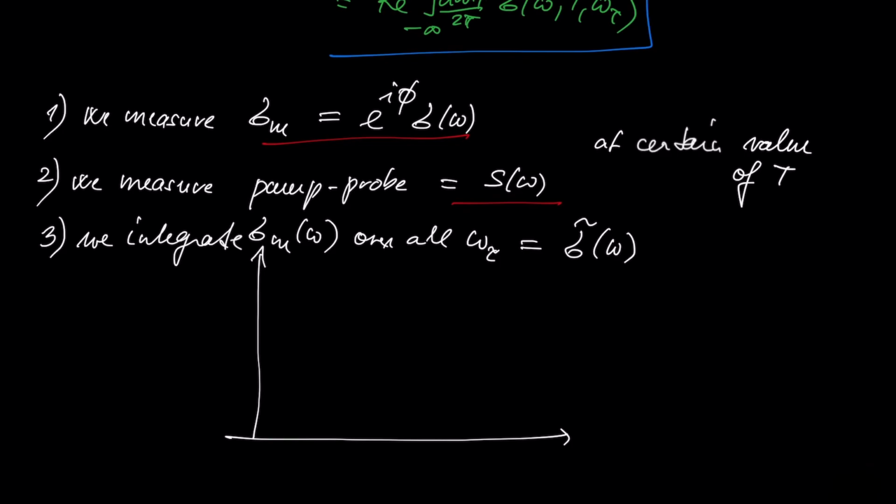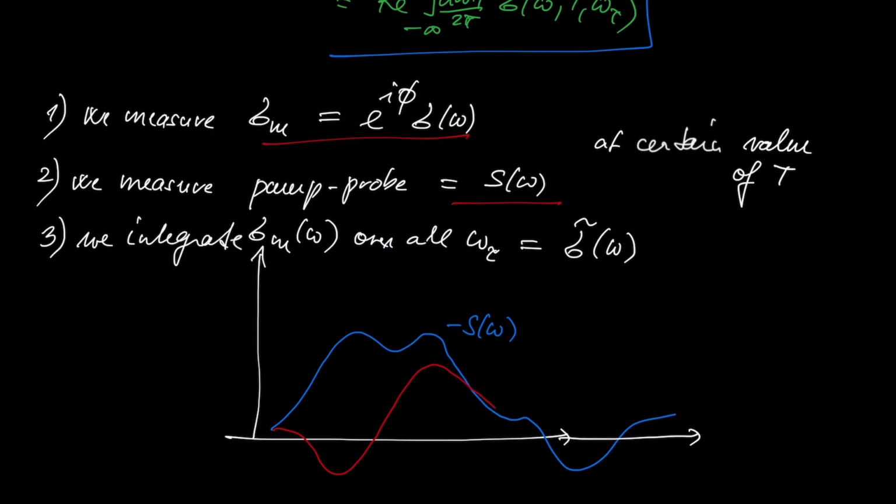And now we compare this. Let this be some function which describes the minus S omega, obtained from pump probe, and next to that we can get some other function, this sigma tilde omega, and this has to be the real part of the sigma tilde.